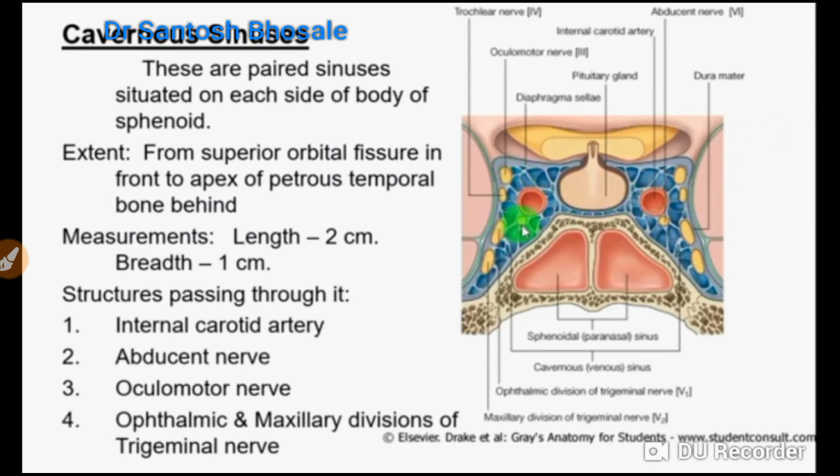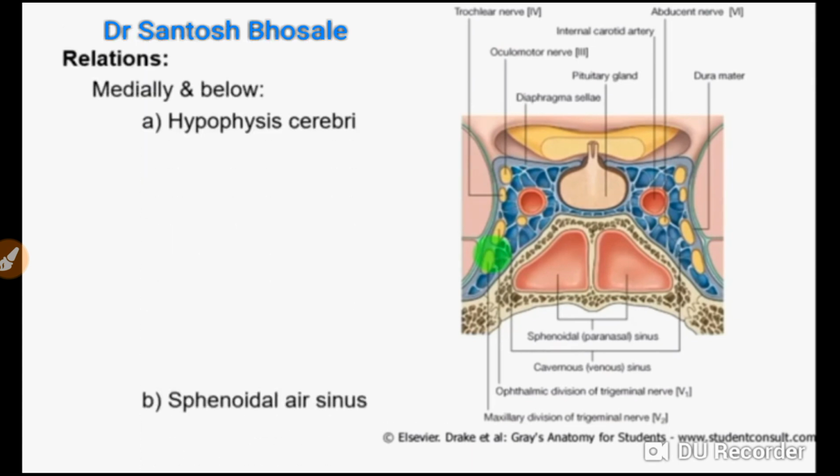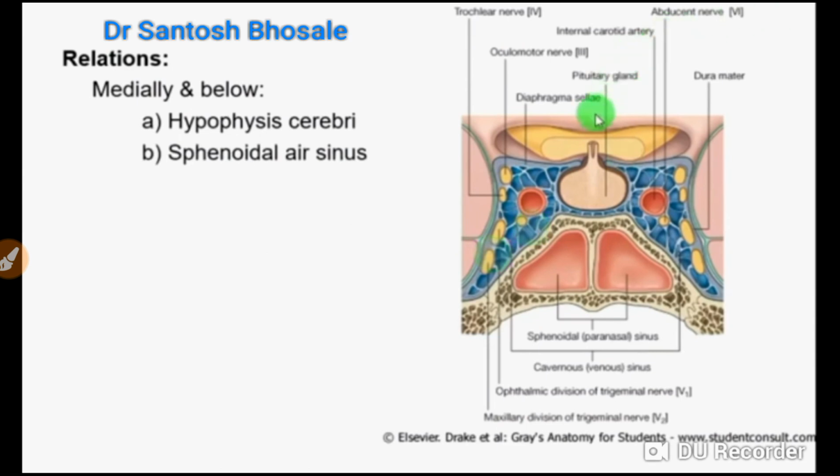Whereas in the lateral wall, it is related to four structures. You can see there from below upwards: maxillary, ophthalmic division of trigeminal, trochlear, and oculomotor. You can remember as MOTO, from below upwards.